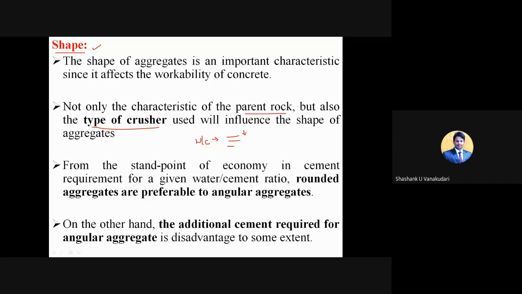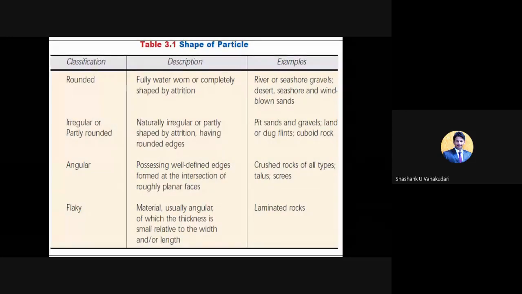Again, you need the fine aggregate parts just to fill that gap, so that it gives the maximum strength in the structure. Here you can see in the Indian Standard Code books how exactly the shape of the particle should be.